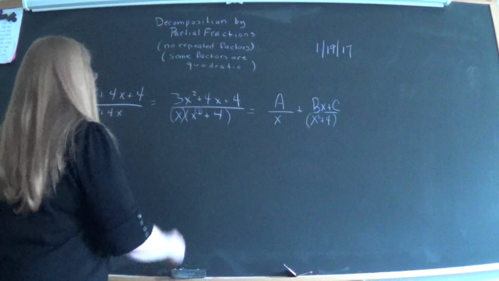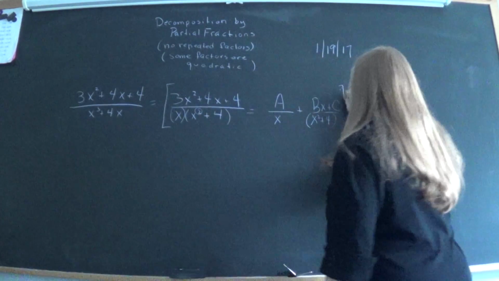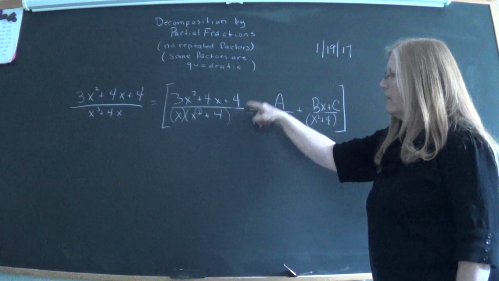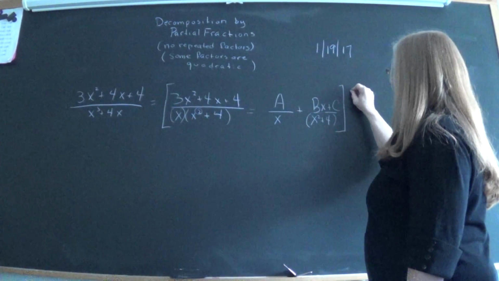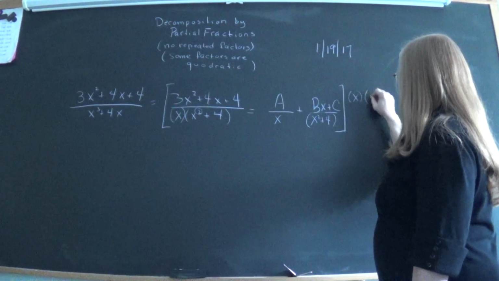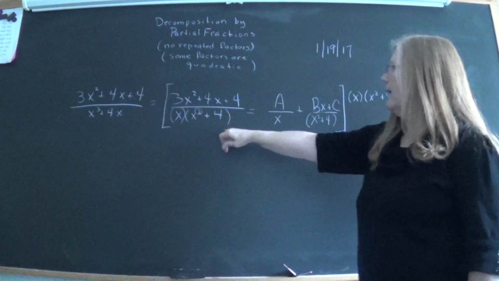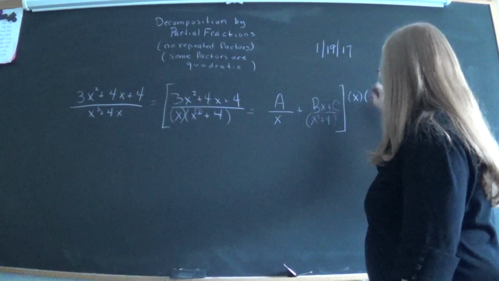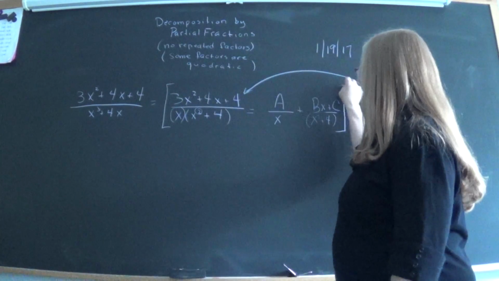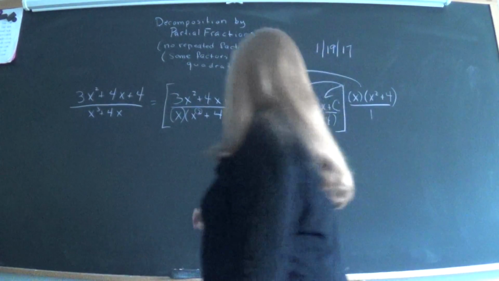The method is similar. I'm going to take this fraction and try to find A, B, and C. I'm going to take this rational expression and multiply it by the LCD, which is the least common denominator. So I'm going to use this factor and this factor. I'm going to multiply it times each of the expressions in our problem.